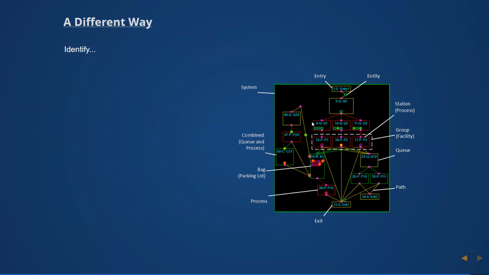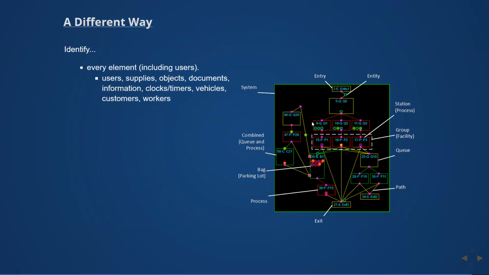Looking at the system using standard components, the way I often think about it, you look at every element, including all the users, supplies, timers, vehicles, stuff that moves through, entities, storage, and so on.